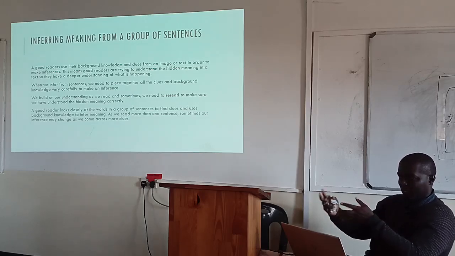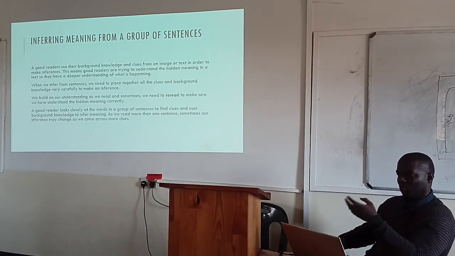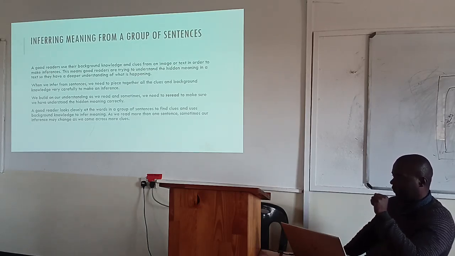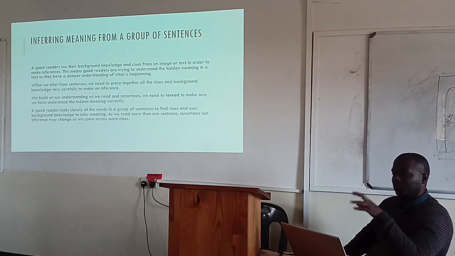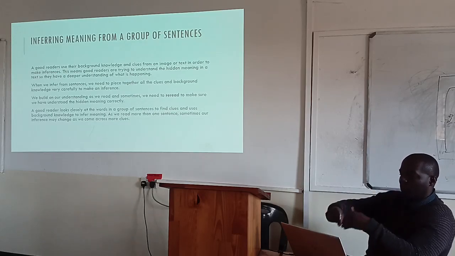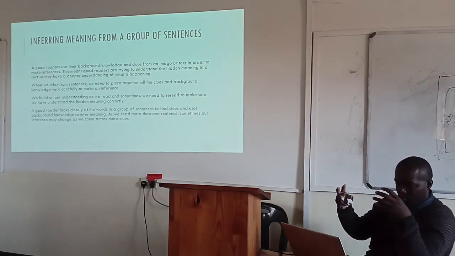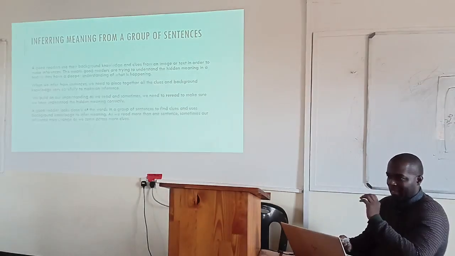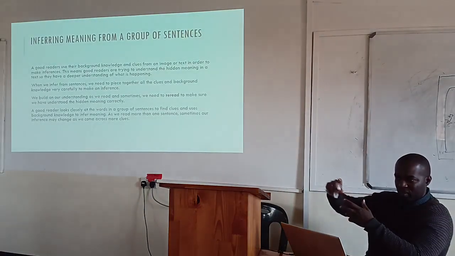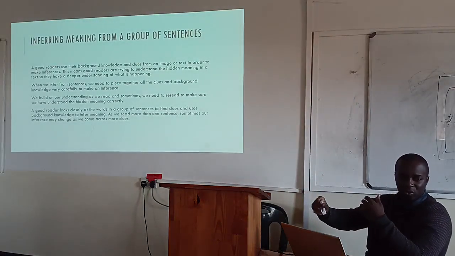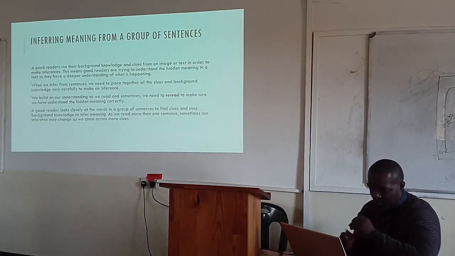So that's where the situation is telling us that if you want to make an inference out of a group of sentences, make sure that you go through all those sentences and look for clues from all of them to come up with an inference, as opposed to just looking at very few sentences, right?